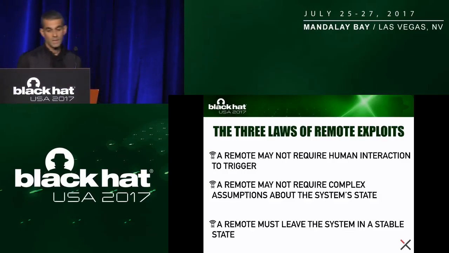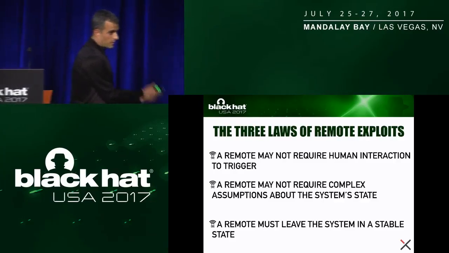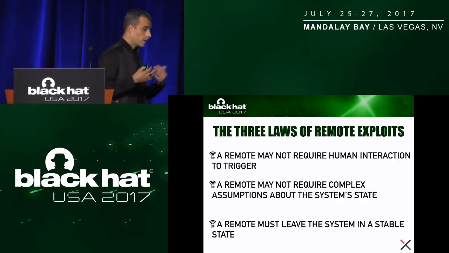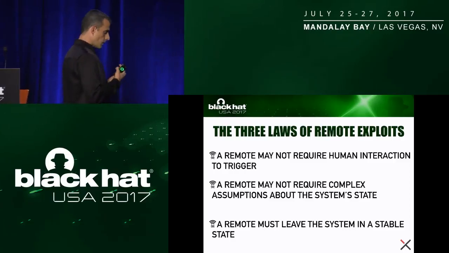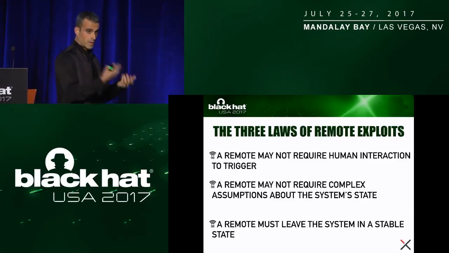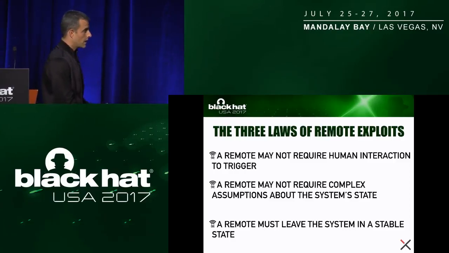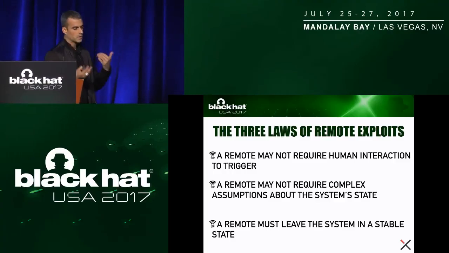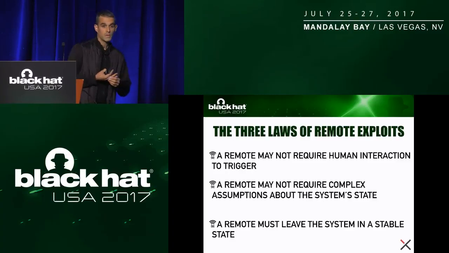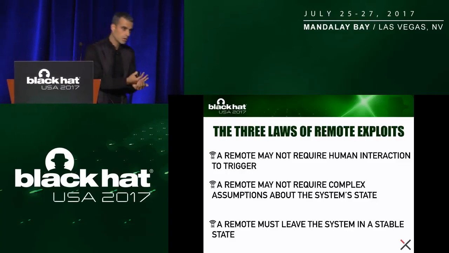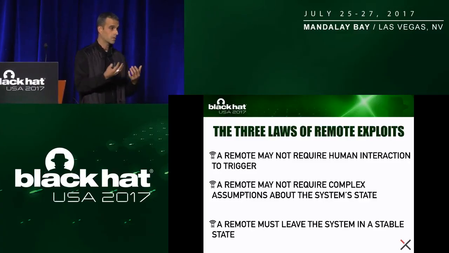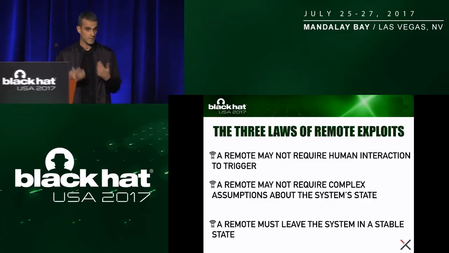Then, a remote may not make assumptions about the system that it's attacking. And there's a very simple reason for that. When you attack a target remotely, your attack surface is much more limited. You have a much more limited interaction with the target. So supposing you're attacking a kernel or a browser, you normally have some kind of interface to get feedback, to get some kind of data about the state of the system.